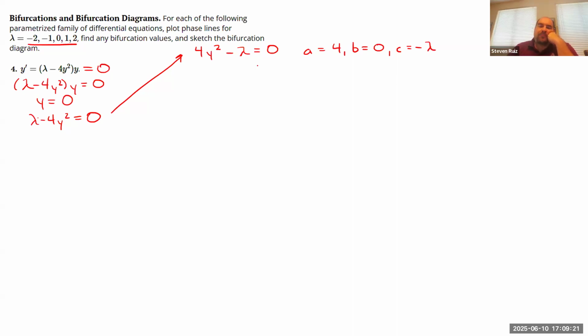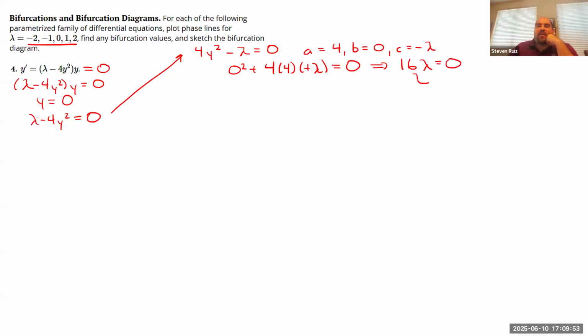So b squared minus 4 times 4 times negative lambda equals 0. So I get 16 lambda equals 0.